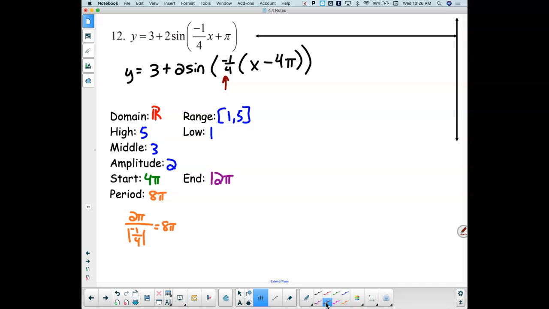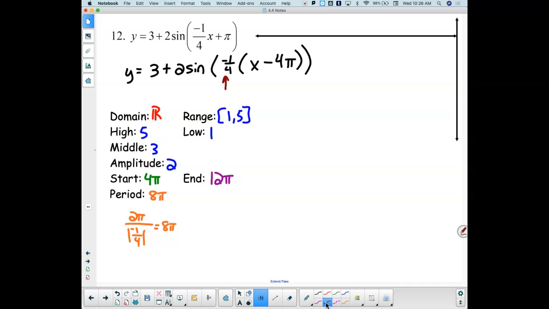Point of clarification. If this is a cosine equation and there's a negative, nothing happens. But if the negative is attached to the front of it, then both of them reflect. So it's only sine that flips when it's attached to the B. So a negative B for sine is flipped, and negative B for cosine is flipped.